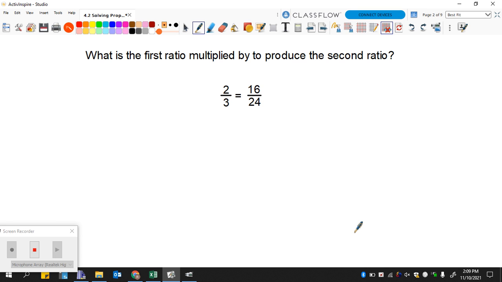One of the things we look at here is what the first ratio is multiplied by to produce the second ratio. That's another thing we look at. So we ask, 2 times what is 16? Well, we know that 2 times 8 is 16. So we go 3 times 8, which is 24. So the first ratio is multiplied by 8 over 8.